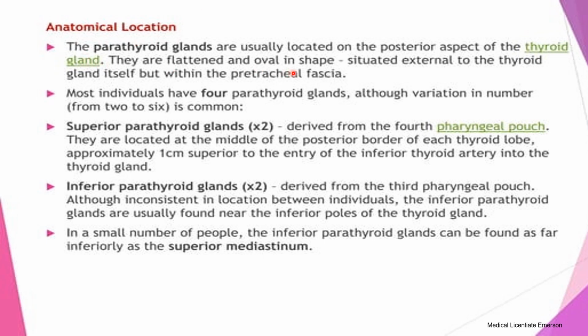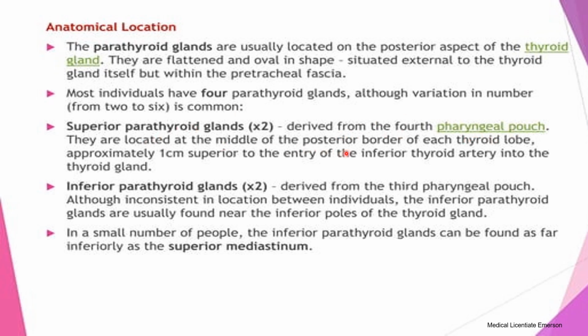They are flattened and oval in shape, situated external to the thyroid gland itself, but within the pretracheal fascia. Most individuals have 4 parathyroid glands, although variation in number from 2 to 6 is actually common. Then you have the superior parathyroid glands, which are 2 in number and derived from the 4th pharyngeal pouch.